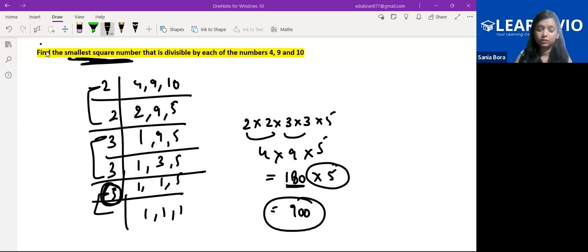Then 36 into 5 is 180, no? Then ma'am, why are you multiplying it to 5 again? Because 5 doesn't have a pair. That's why. Okay.